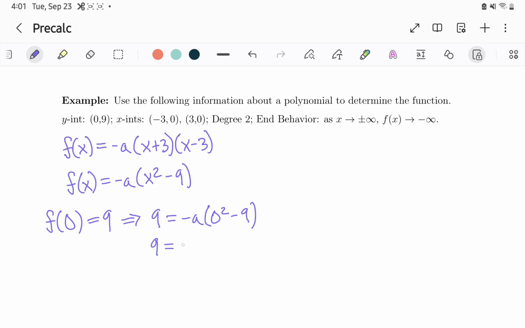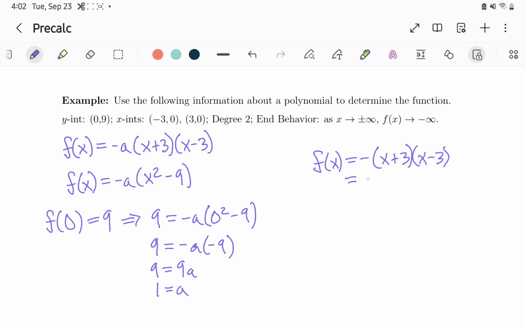So 9 equals minus a times minus 9. So 9 equals 9a. And so 1 is equal to a. And so f of x is equal to minus x plus 3 times x minus 3. Or if you prefer the unfactored version, minus x squared plus 9.